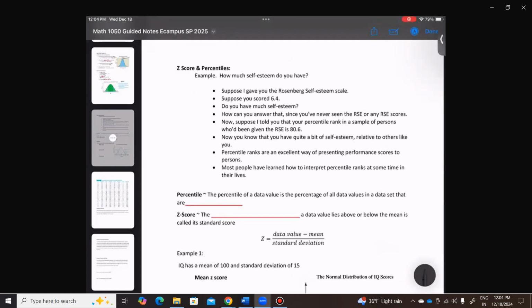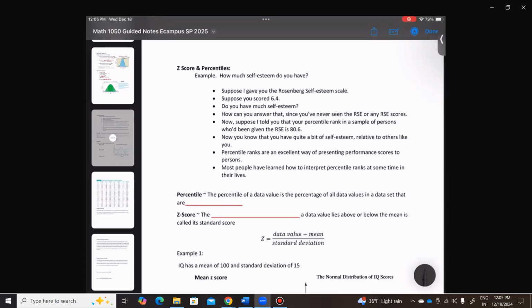Right, now, I haven't mentioned the z-score much, but I've mentioned it a couple times today when we talked about z-score. Z-scores and percentiles are two things that we use to look at the normal distribution. All right, so let's look at an example real quick. How much self-esteem do you have?